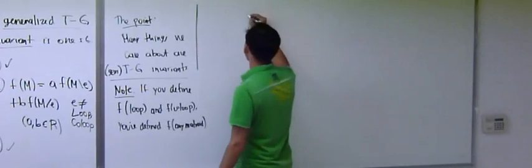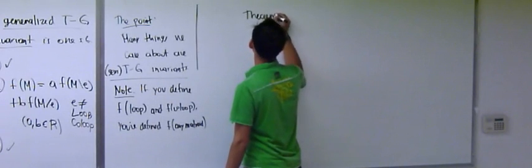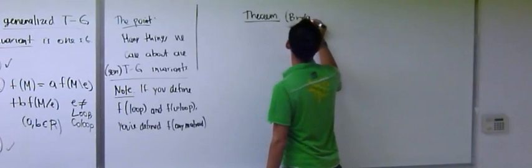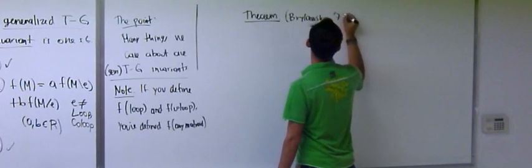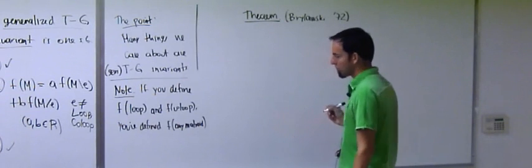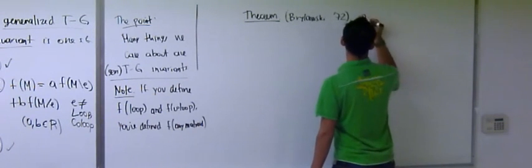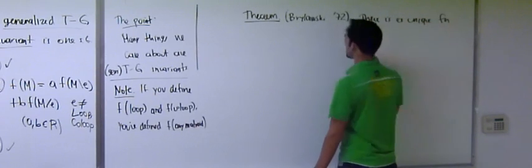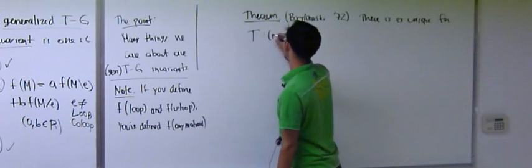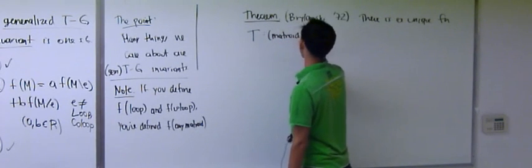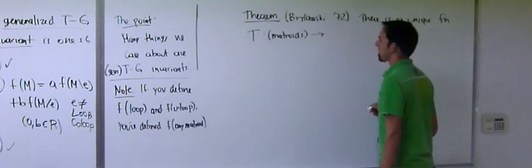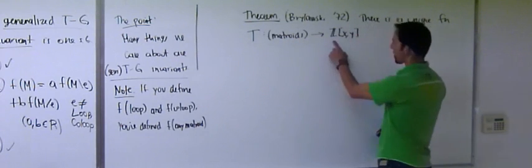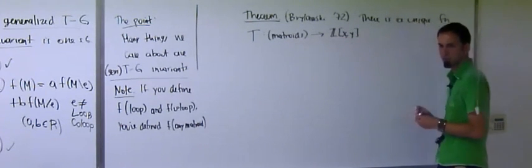But this is the theorem that tells us everything that's going on. It's a theorem due to Brylawski. It says that there is a unique function from the set of matroids to the ring of polynomials in x and y with integer coefficients.